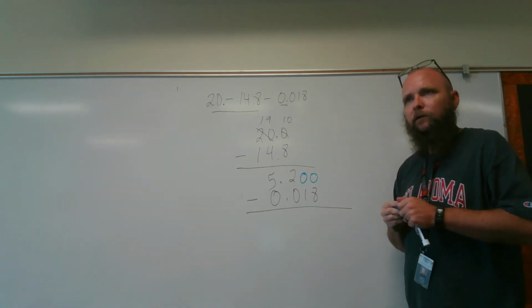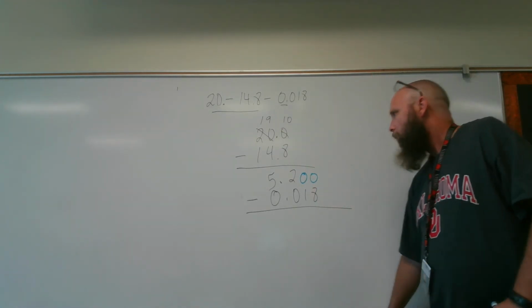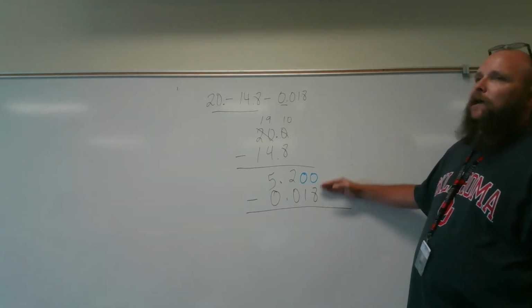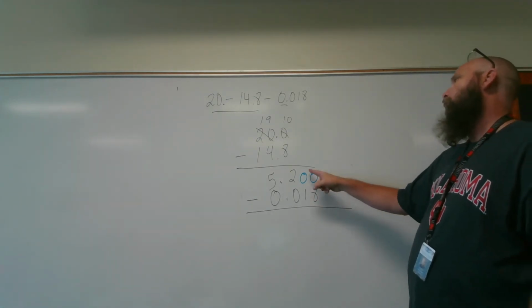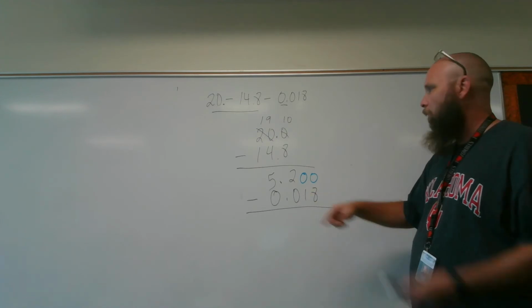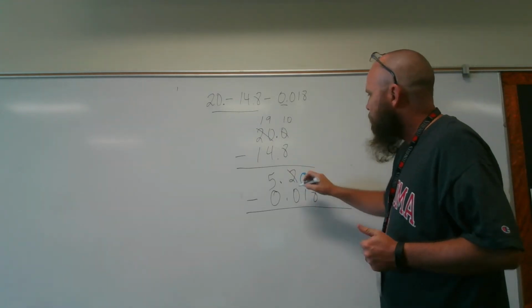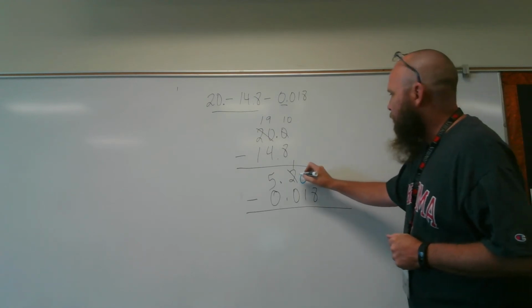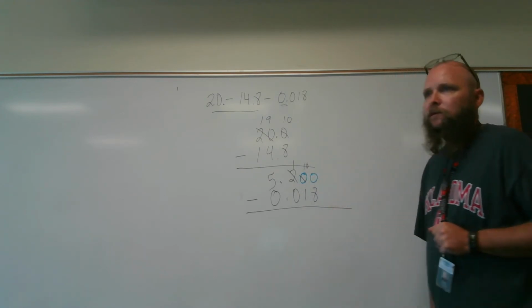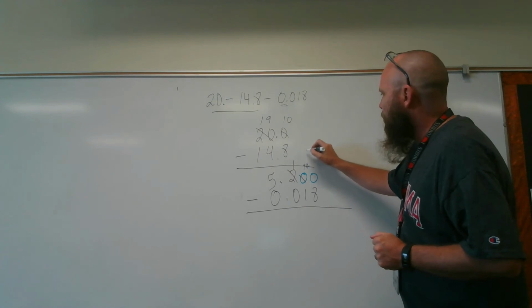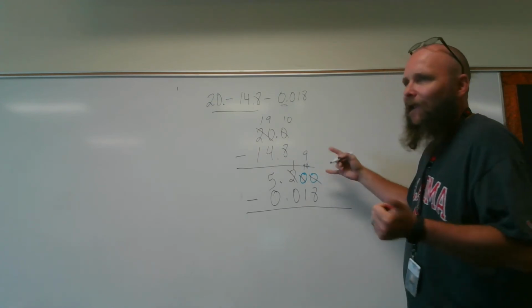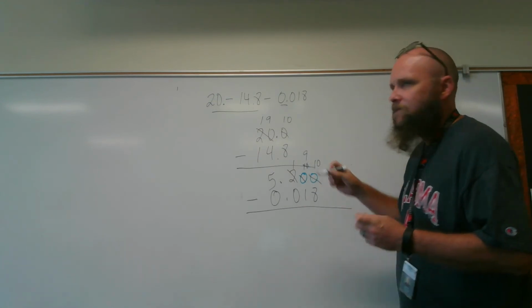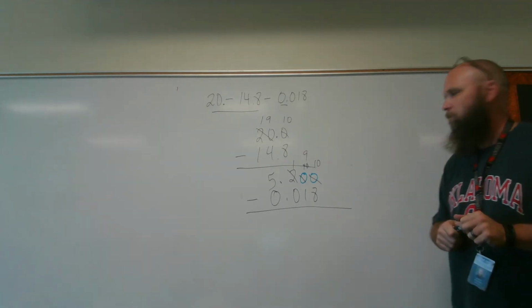Now, I don't have any thousands to take 8 thousandths from. I don't have any pennies to take 1 penny from. So I'm going to take my dimes, and now I have 1 dime. I'm going to change that into 10 pennies. But I really only need 9 of those pennies because I need 10 of these smaller than pennies.